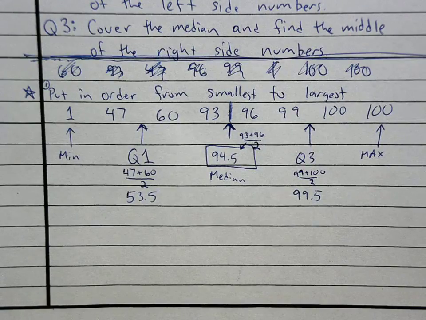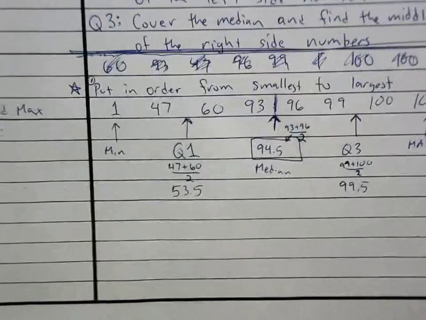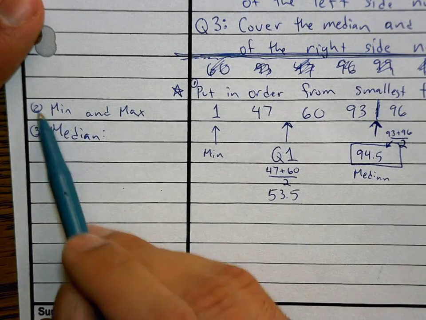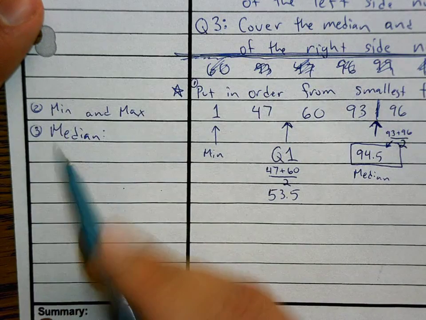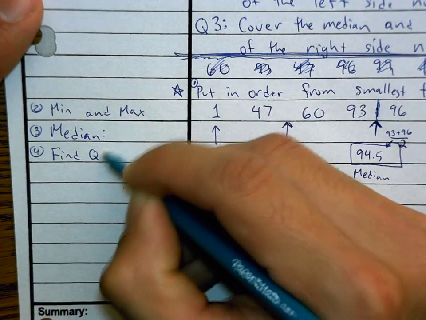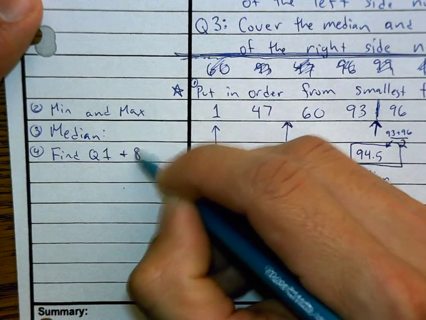And I need you to do something that makes a whole lot of sense. Okay, so wait, I know what I forgot to write down. Over here, we wrote, second we found min and max. The third we found the median. The fourth, find Q1 and Q3.